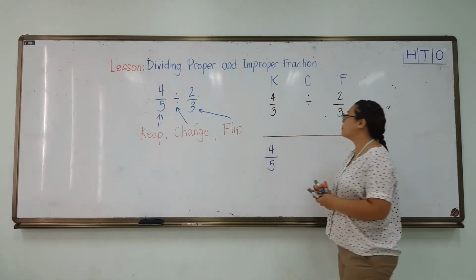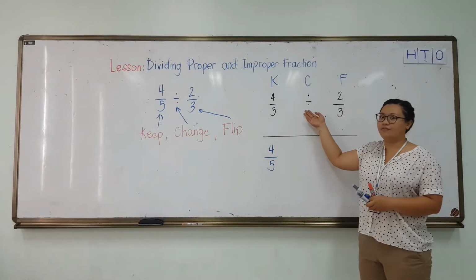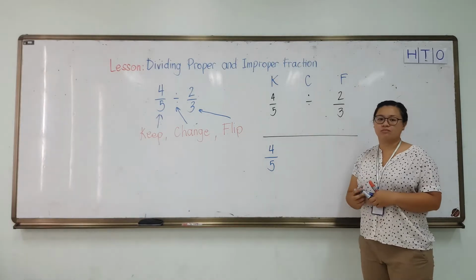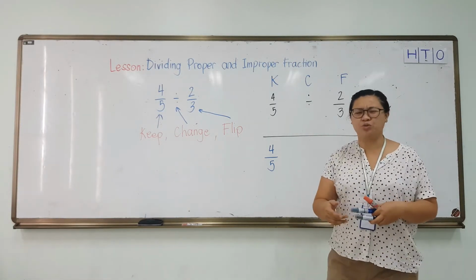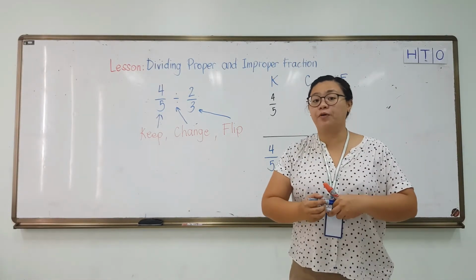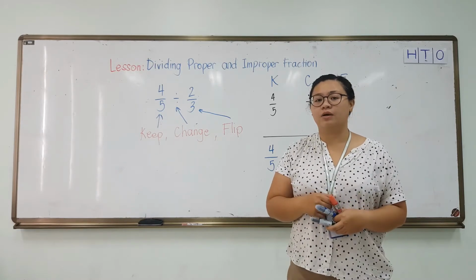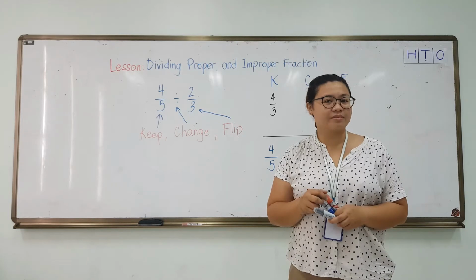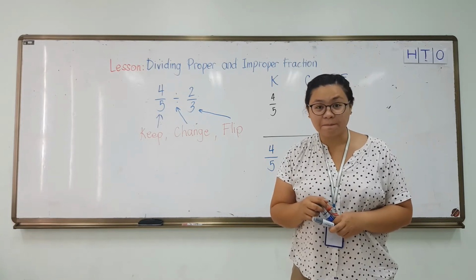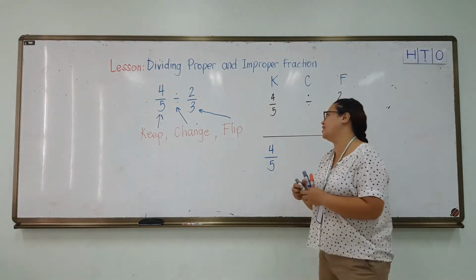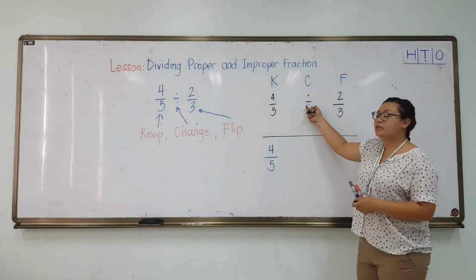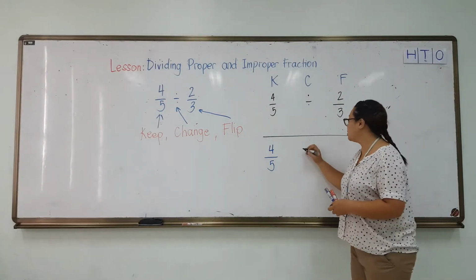So let's write it down. 4/5. Now we have the division here, and teacher said change. Maybe you're wondering, change to what? Change the operation to the opposite. What is the opposite of division? Yes, it's multiplication. So the opposite of division is multiplication.